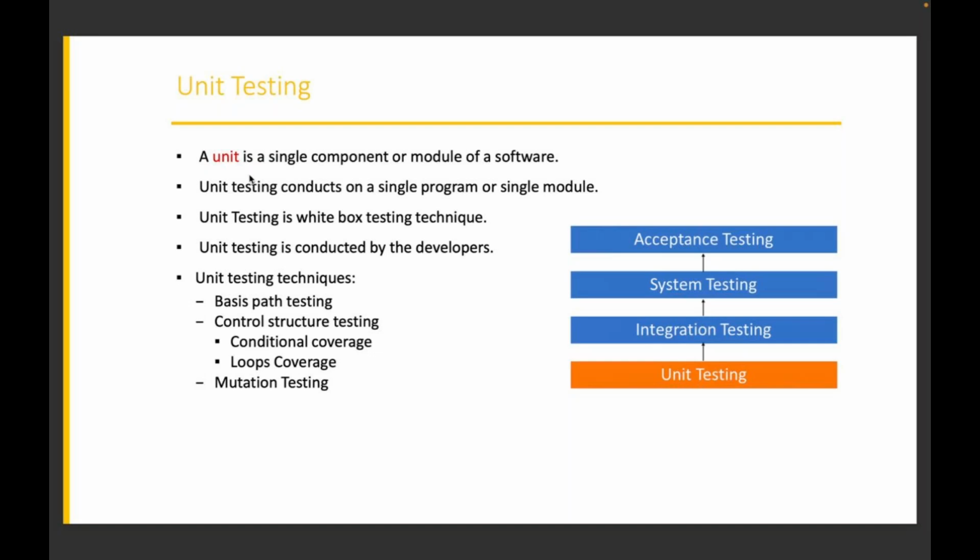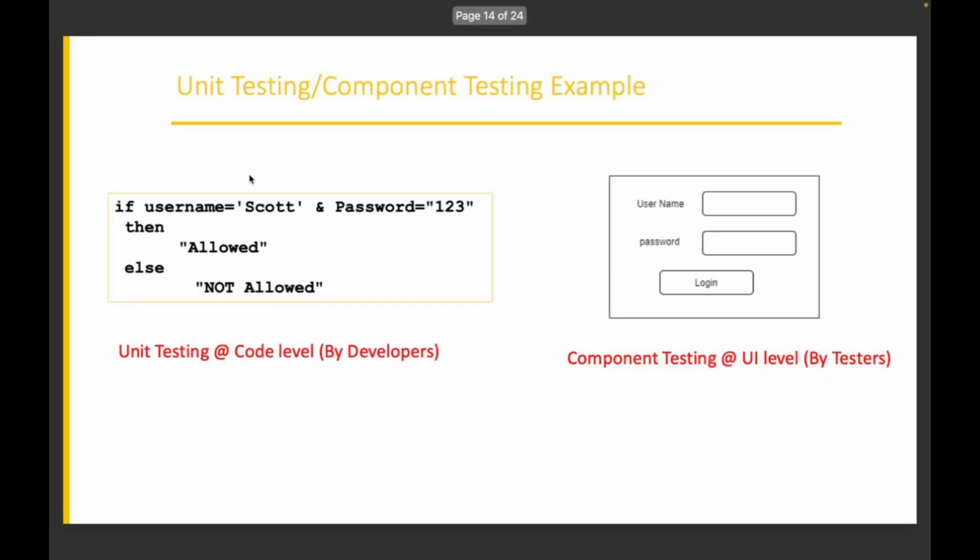The developer will create high-level unit test cases, do basic unit testing, and only after that move the task to QA. Basic unit testing includes basis path testing, control structure testing, where he checks the coverage, and then mutation testing. Here you can see the UI mock flow, which will be done by QA, and this one is at the code level, which will be done by the developer.